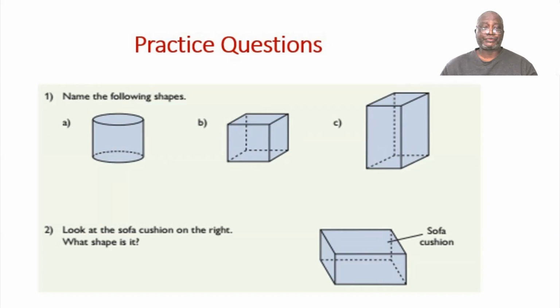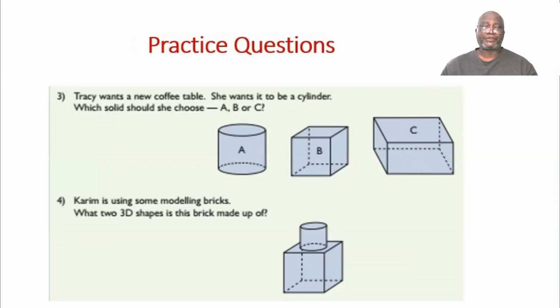Practice questions. All you have to do is name A, B, and C. For question 2, look at the sofa cushion on the right. What shape is it? Funny shape for a sofa cushion, isn't it? And then you've got 2 practice questions.